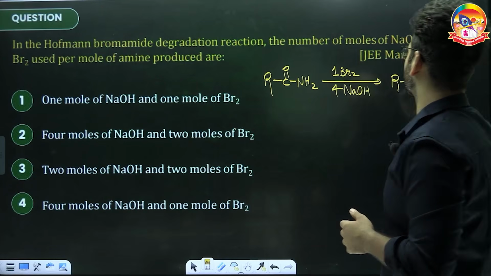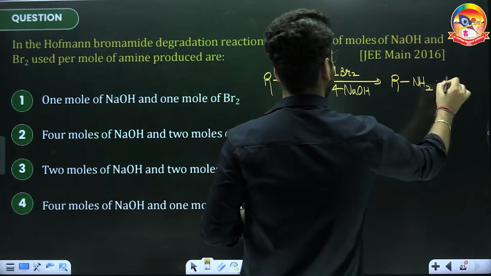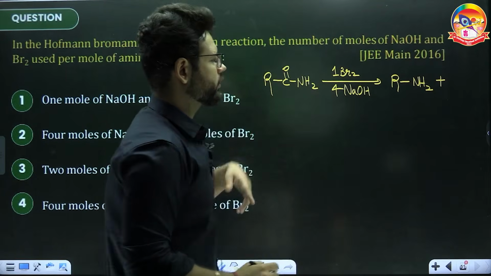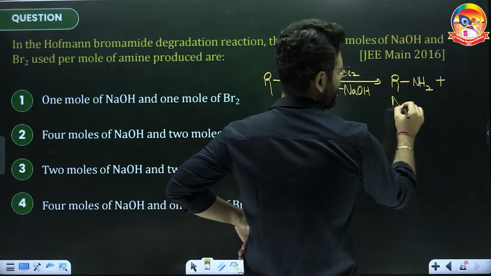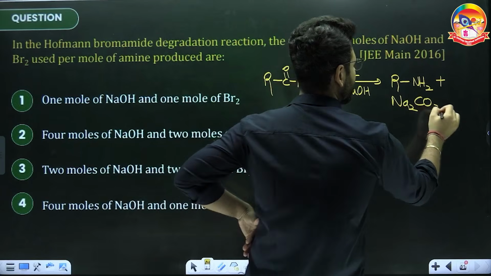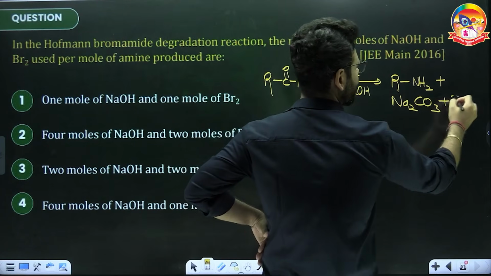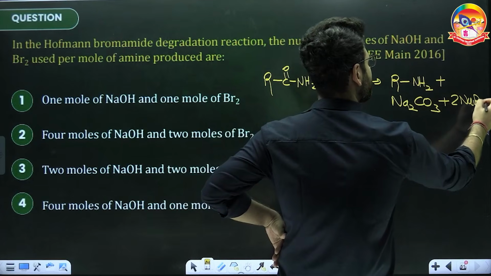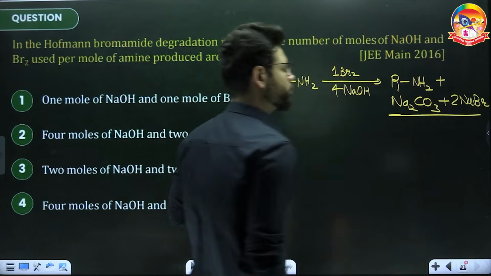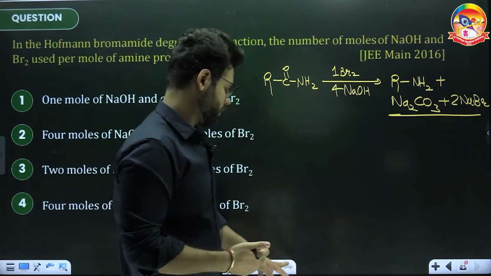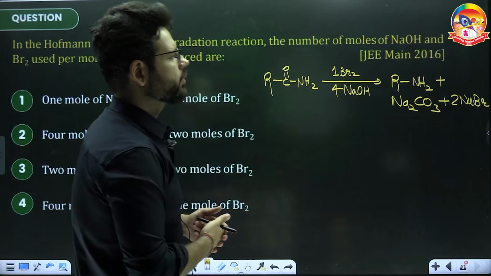So I'll tell you the product. You will get RNH2. Total 4 sodium hydroxides are there. 2 of the sodium hydroxide become Na2CO3, taking this carbon, and the rest 2 become NaBr. This is the overall stoichiometry. You must remember this particular stoichiometry.